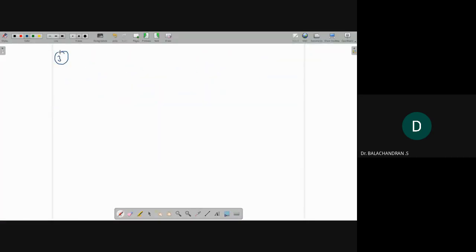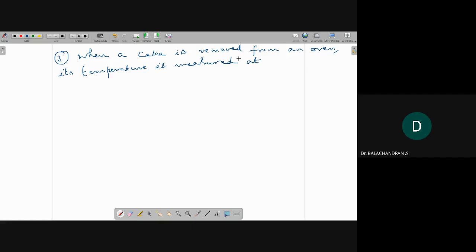The third problem is: when a cake is removed from an oven, its temperature is measured at 150 degrees Celsius.